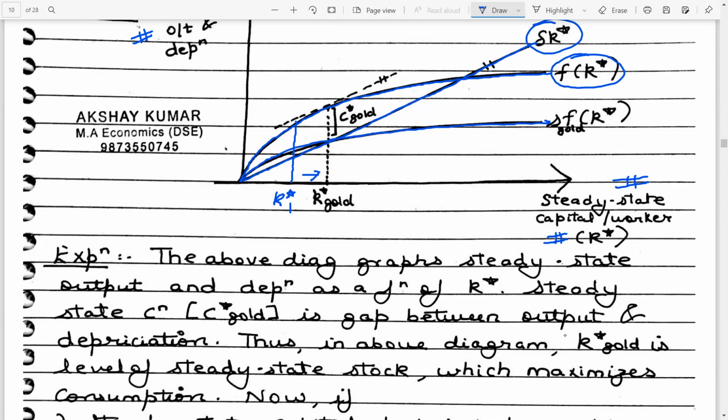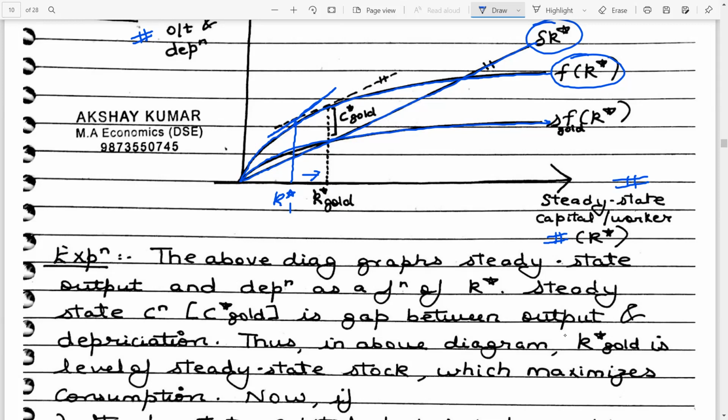Very simple. At K star, draw a tangent on the output curve. If I draw a tangent, it's like this. You can see at K1 star, the slope of the output is more than the slope of the delta K star line. This simply means that increasing K star will increase output faster than depreciation.